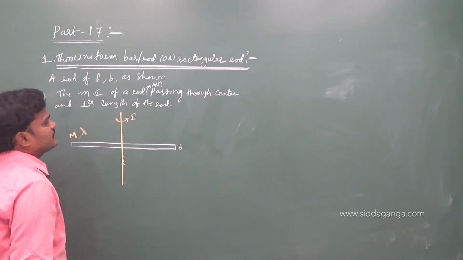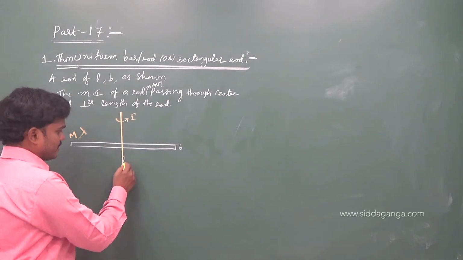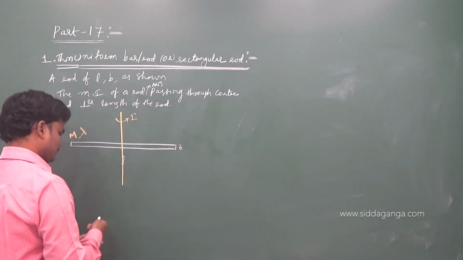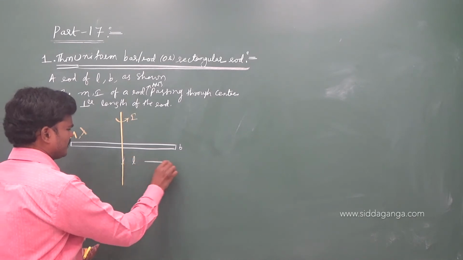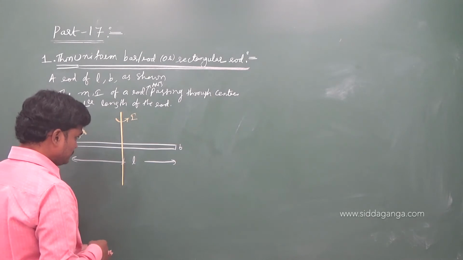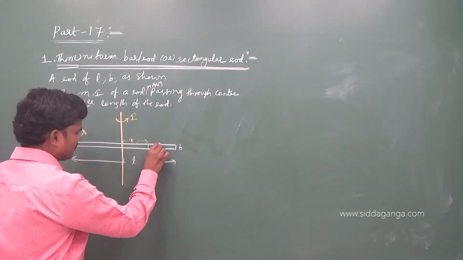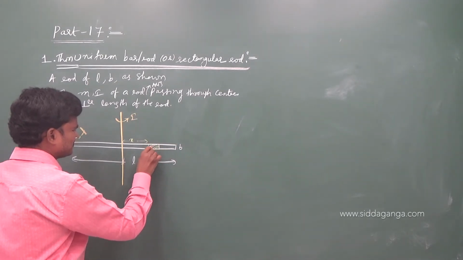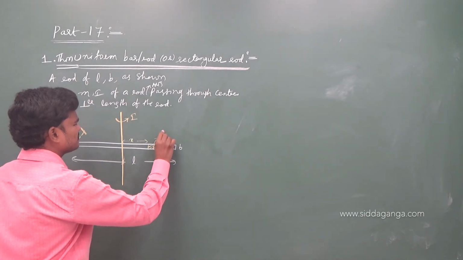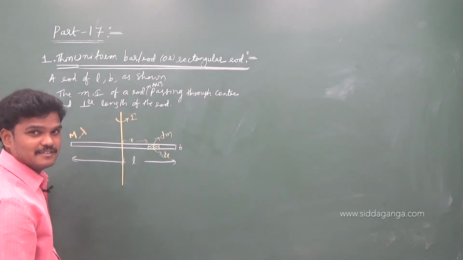To solve the moment of inertia about this axis at the midpoint, perpendicular to the length, at a distance x you have to take a small elemental part. This is the small part whose length is dx, whose mass is dm.